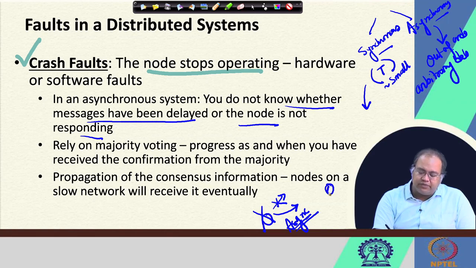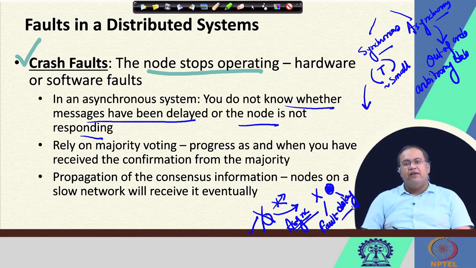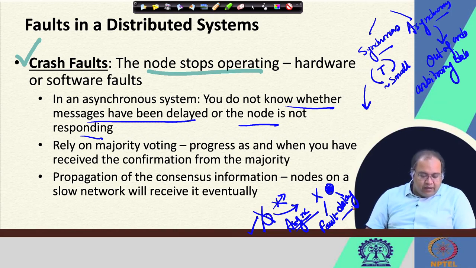The other node which is waiting for a message from this node can get a signal only when it receives a message. If it does not receive any message, it cannot say whether it is a fault or some kind of delay. So it is difficult to characterize that.